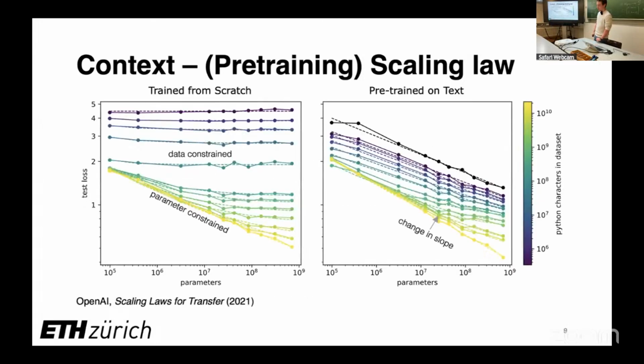And then a bit more quantitatively, this is a research paper from OpenAI where they evaluate different parameters. On the x-axis, you can see the number of parameters for 2 training scenarios, trained from scratch and pre-trained on existing text. And we can see that, as mentioned, the loss decreases as the models get bigger.